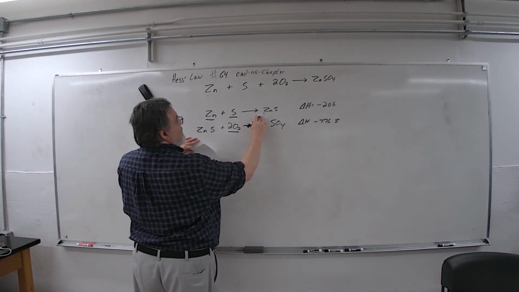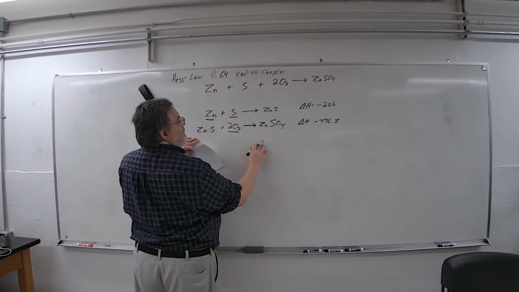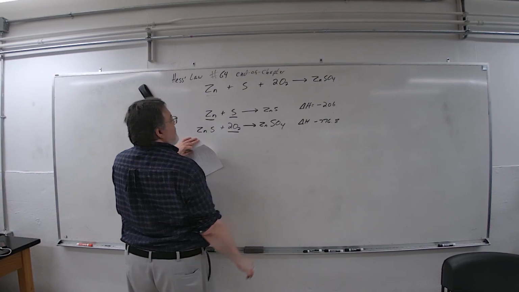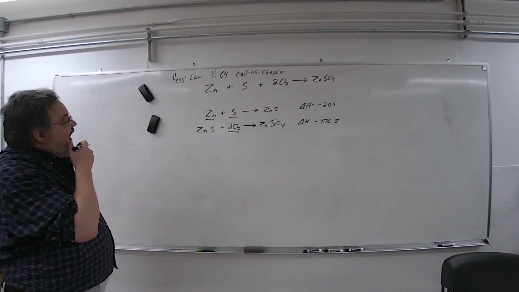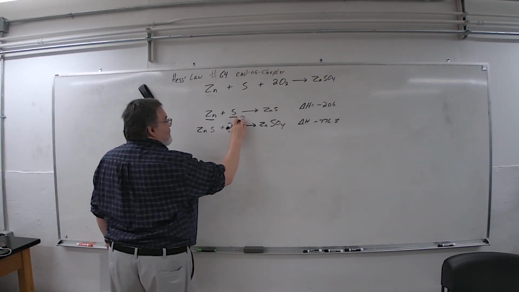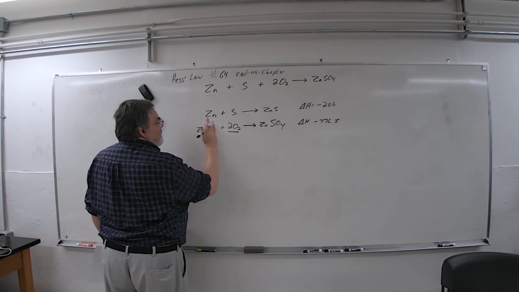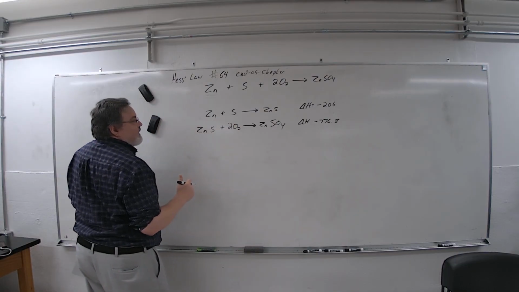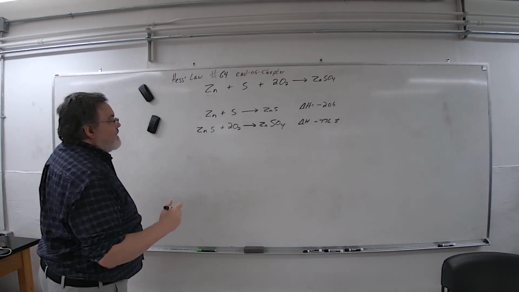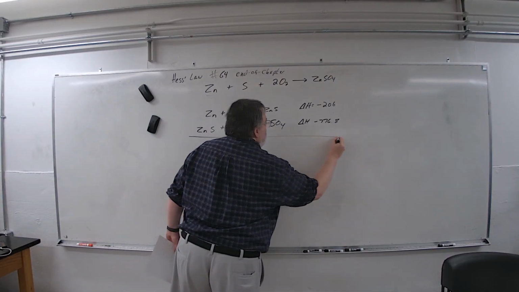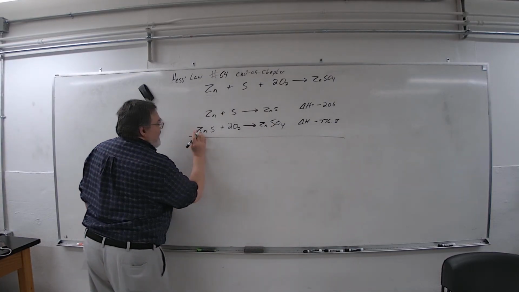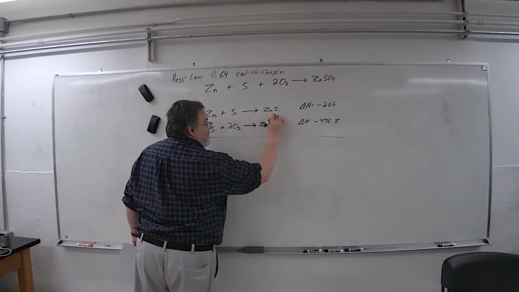ZnS and ZnS, as long as those will cancel, which they do as it is, I think that's good. As it is, I don't think I have to do anything but just add them up. So let's add them up.